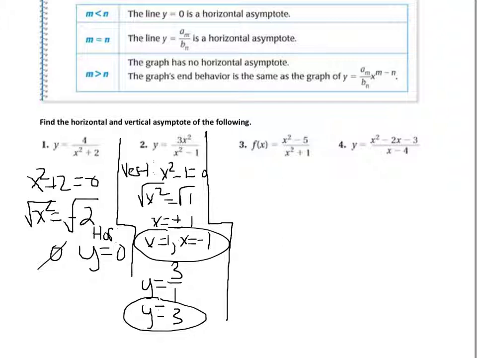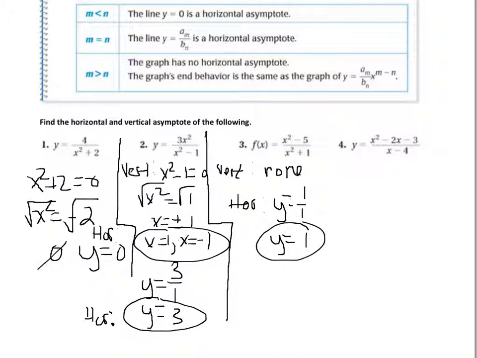So let's look at the third one. And this was the horizontal. Okay? So the vertical, there are none, because you can't solve that. The horizontal, you get y equals 1 over 1, which is y equals 1.